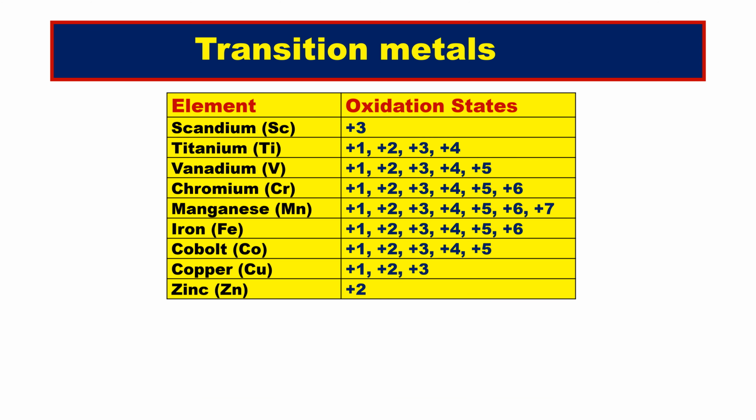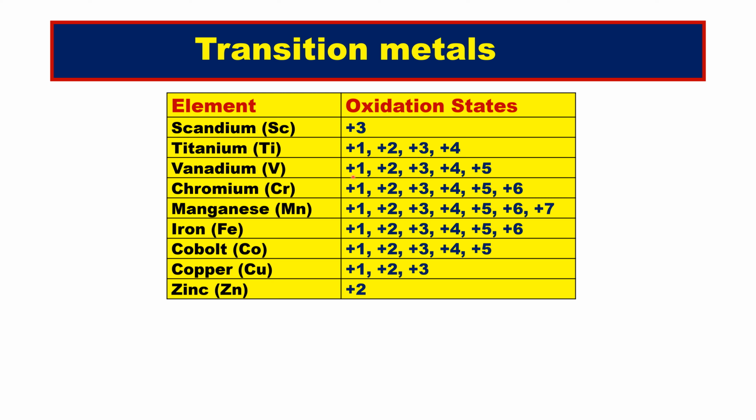Right, let's look at transition metals. Transition metals are located in the middle of the periodic table. They can form many positive ions. They form colored compounds and act as catalysts. These are examples of transition metals. You can see that most can form many positive ions.